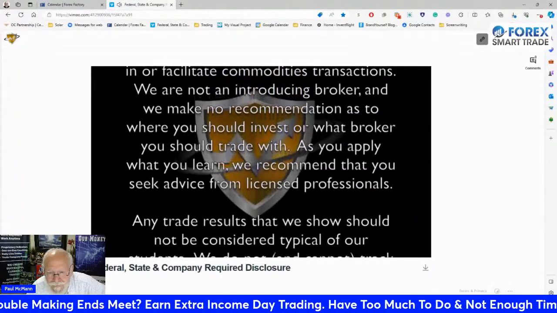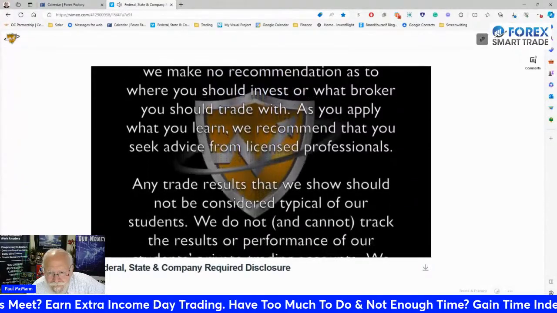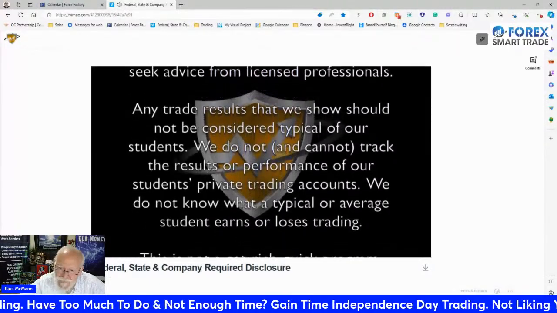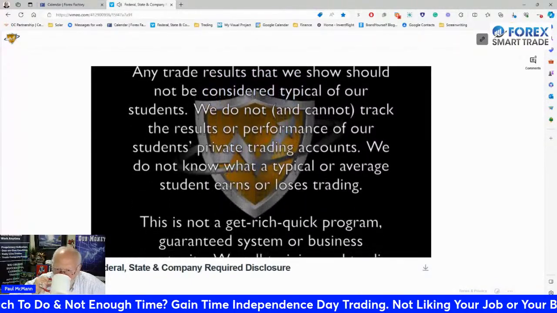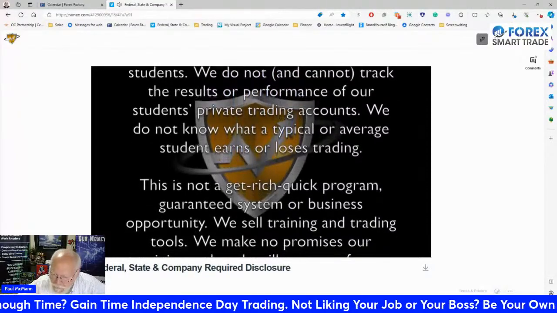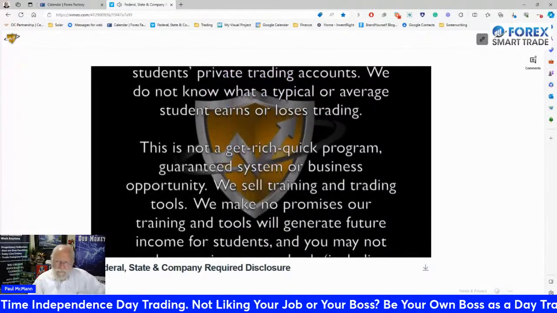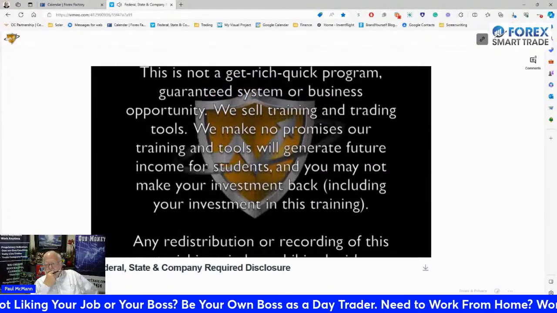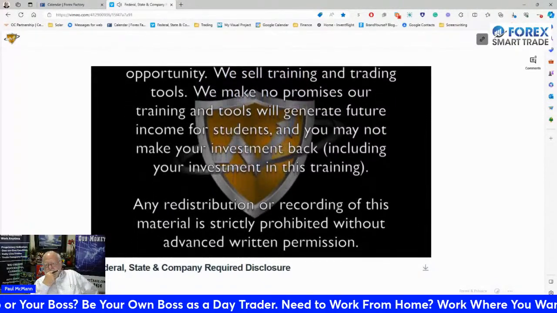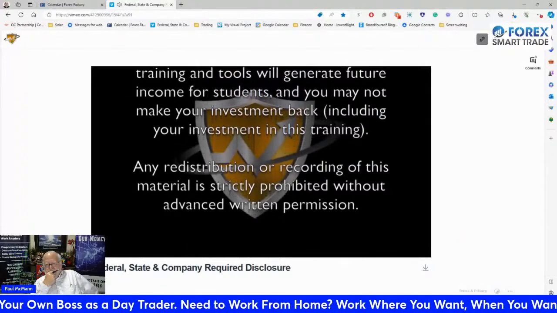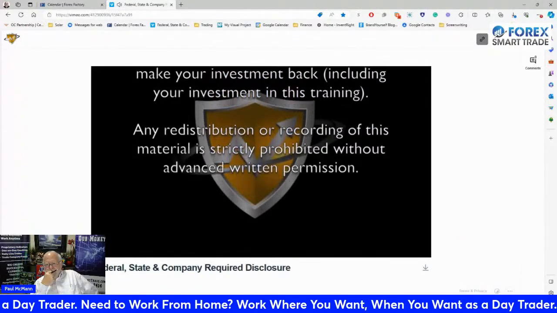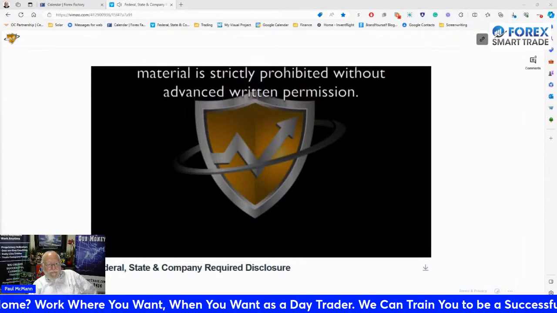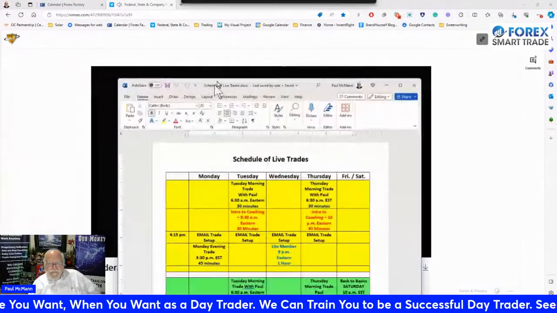As you apply what you learn, we recommend you seek advice from licensed professionals. Any trade results that we show should not be considered typical of our students. We do not and cannot track the results or performance of our students' private trading accounts. We do not know what a typical or average student earns or loses trading. This is not a get-rich-quick program, guaranteed system, or business opportunity. We sell training and trading tools. We make no promises our training or tools will generate future income for students, and you may not make your investment back, including your investment in this training. Any redistribution or recording of this material is strictly prohibited without advance written permission.